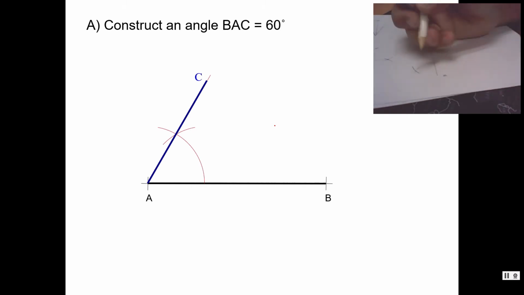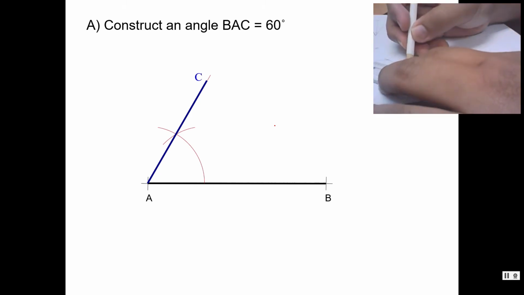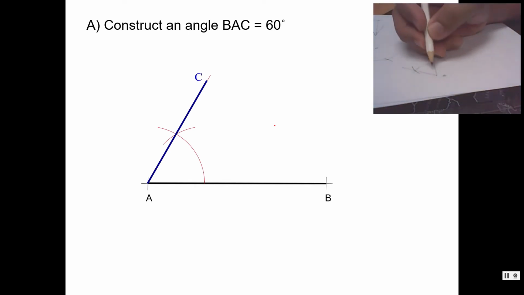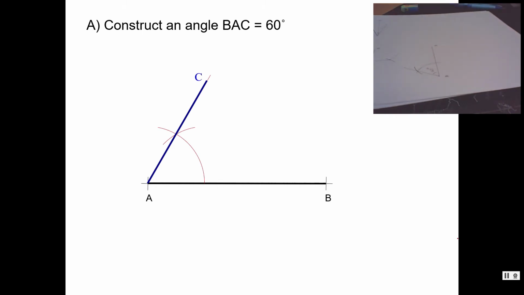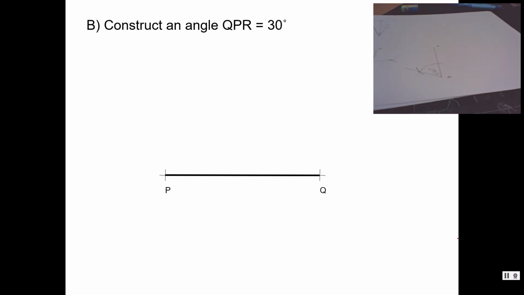So you got this point, just draw one line to point A. So you already got the 60-degree point.